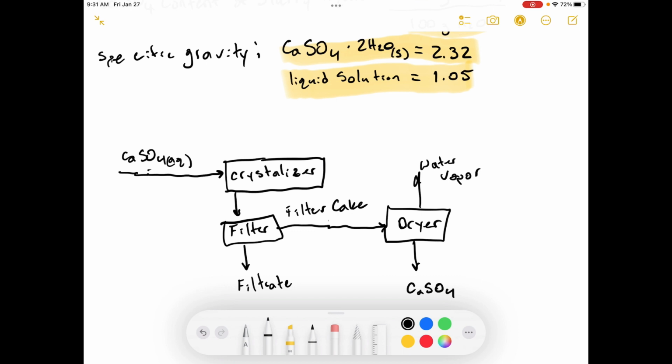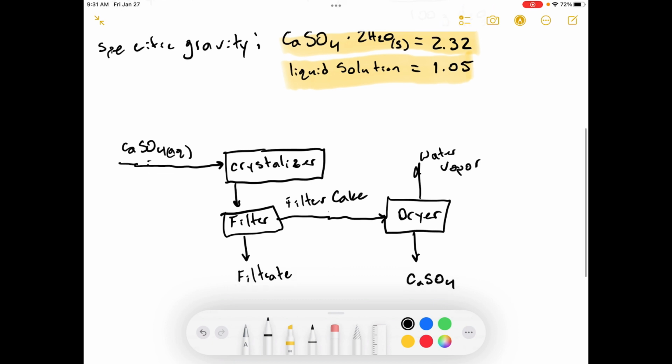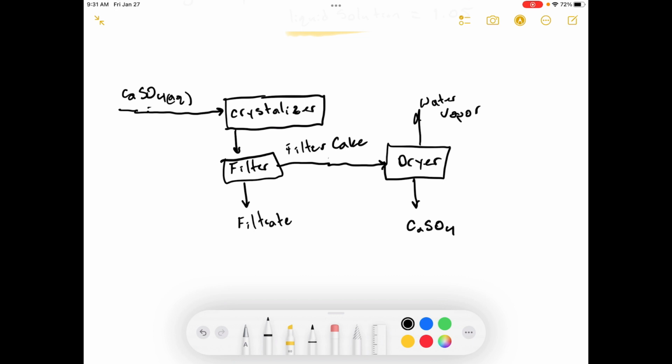Now it says, A, briefly explain in your own words the functions of the 3 units: crystallizer, filter, and dryer. So for part A, the crystallizer turns the aqueous bound calcium sulfate into a solid.